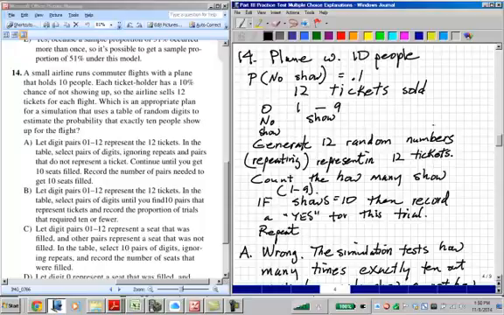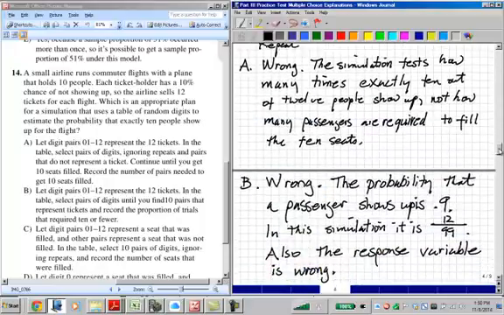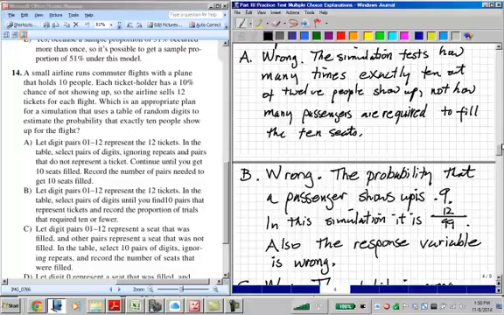Okay, so let's look at A. Let digit pairs 01 to 12 represent the 12 tickets. In the table, select pairs of digits, ignoring repeats and pairs that do not represent a ticket. Continue until you get 10 seats filled. Record the number of pairs needed to get 10 seats filled. Well, wrong.